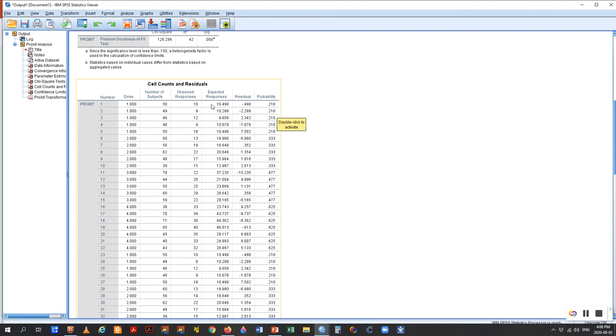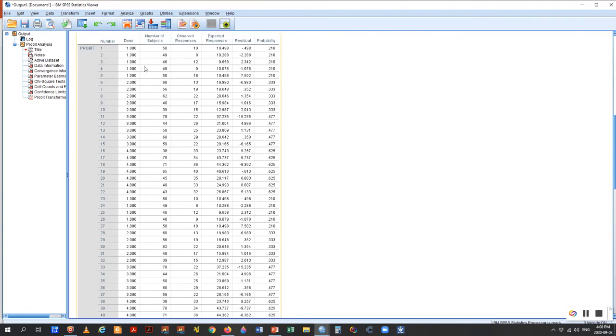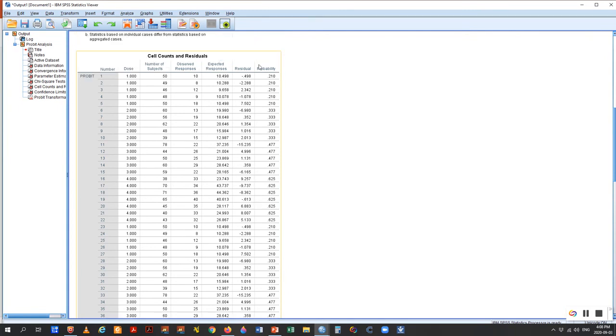And the expected response is 10.498. And you can see it for the different doses, the 4 levels of doses, and the impact it had on the number of subjects. The probability is the predicted probability of the observed response to the stimulus, so the likelihood of that outcome occurring. It's not the predicted proportion of the response to the stimulus.